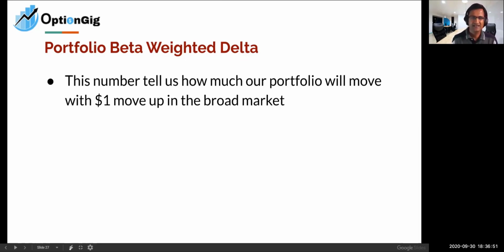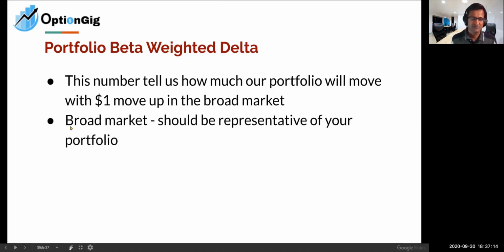But this is an indication, and it is based on the historical movements, these beta values. It gives us a pretty good idea of how much my portfolio would react to a $1 move up in the broad market.